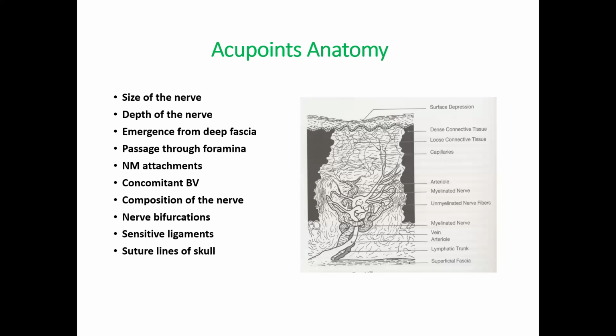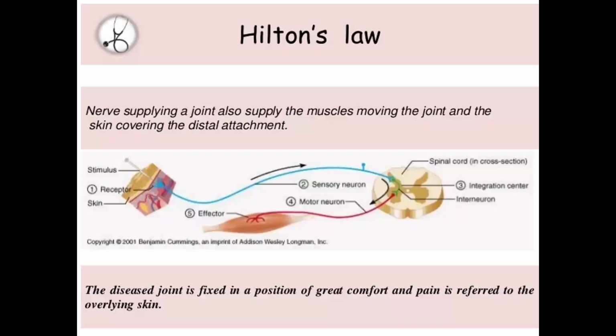Concomitant blood vessels, composition of the nerve itself, nerve bifurcation, sensitive ligaments, and suture lines of the skull. So these 10 characteristics define the anatomy of acupoints.